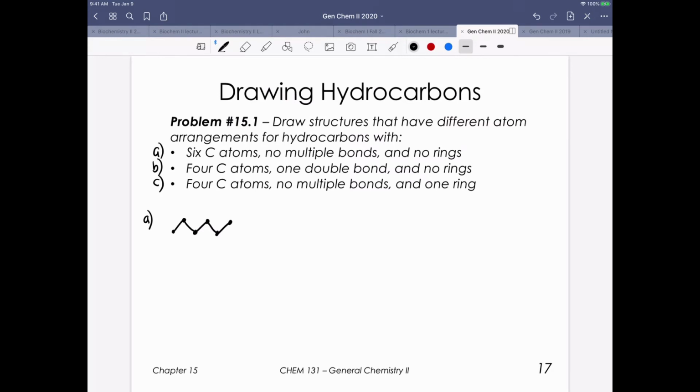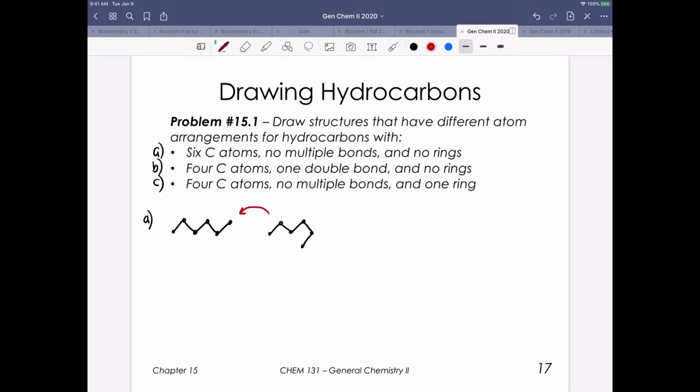Now, if you want, practice. Draw this out as it would be a condensed structure. And if you even want to take the time and draw it back out as a Lewis structure, go ahead. I'm not going to do that here. I'm going to move on and I'm going to say, let me draw another isomer of this. Now, drawing something that looks like this, 1, 2, 3, 4, 5, 6, that's still the same thing.